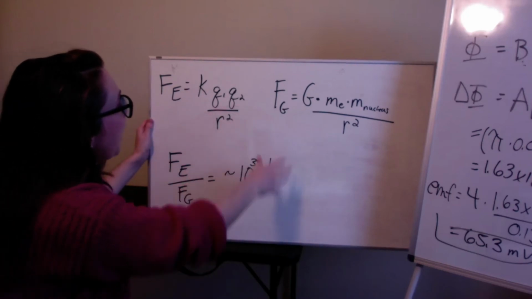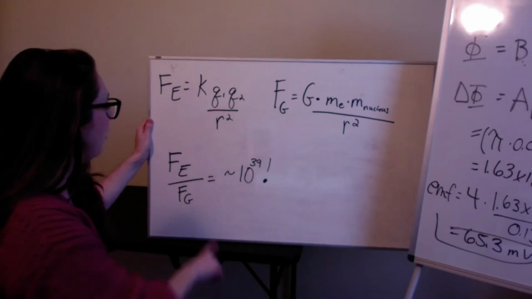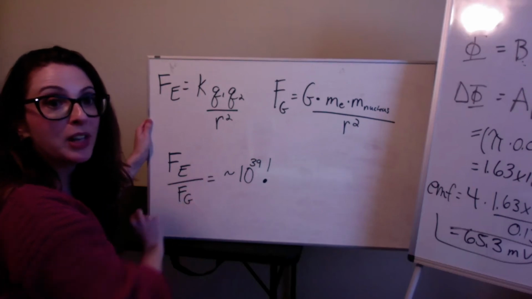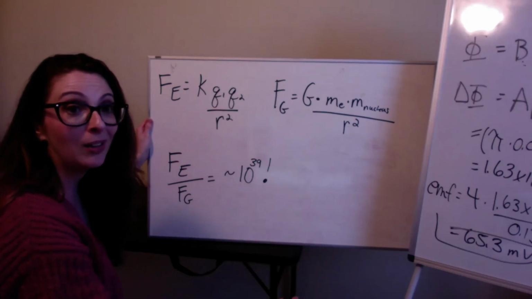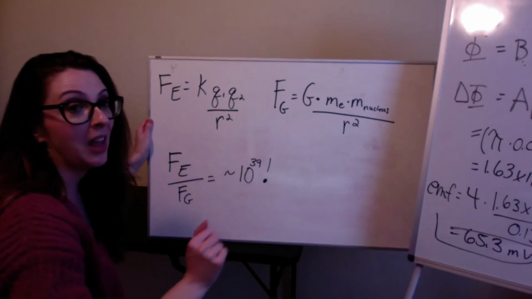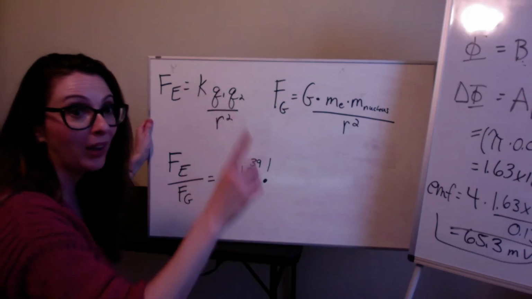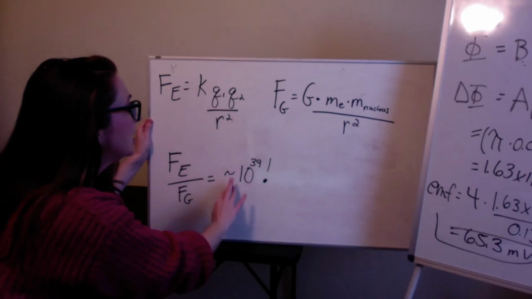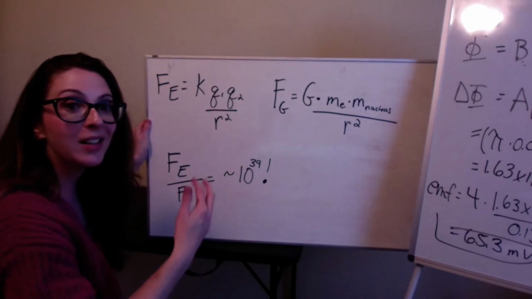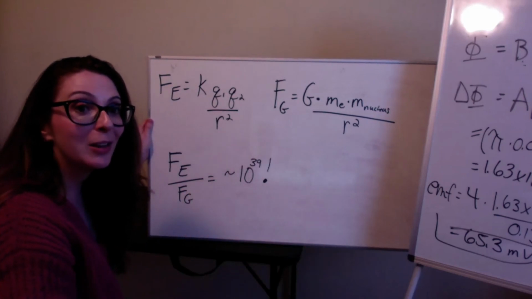And so whenever you compare the ratio of the electrostatic force to the gravitational force, we're going to find that even though they're both really small, many times less than 1, we will find that the electrostatic force is actually 10 to the 39 times larger than the gravitational force.